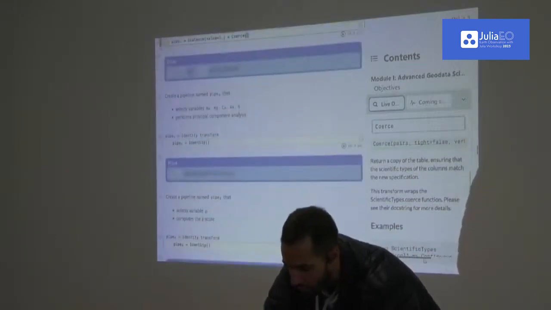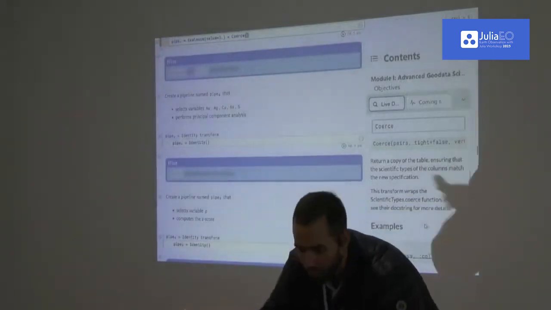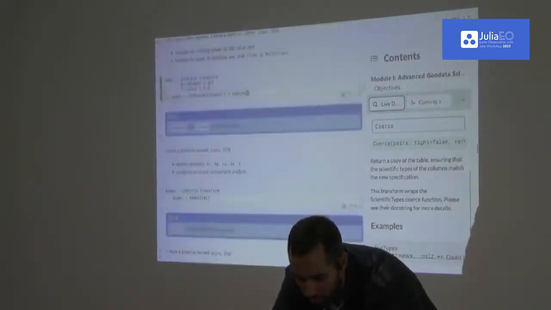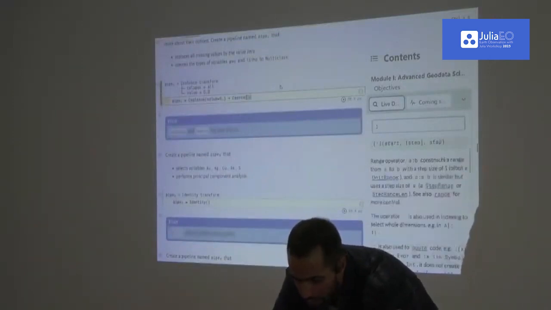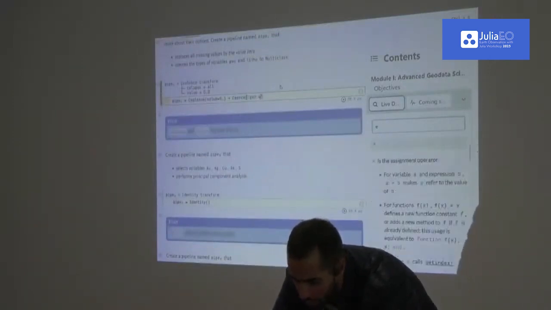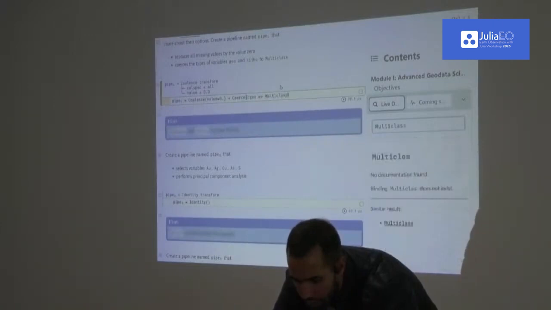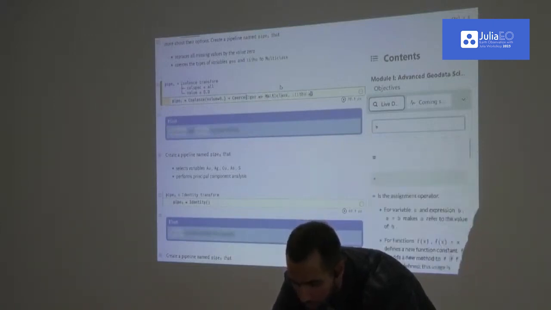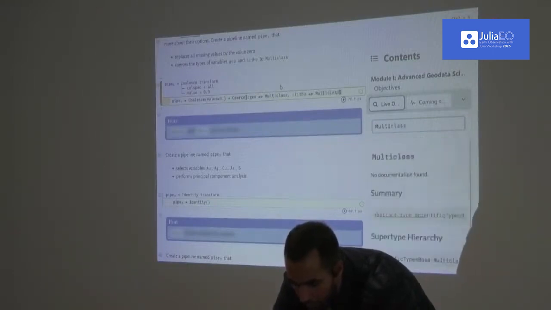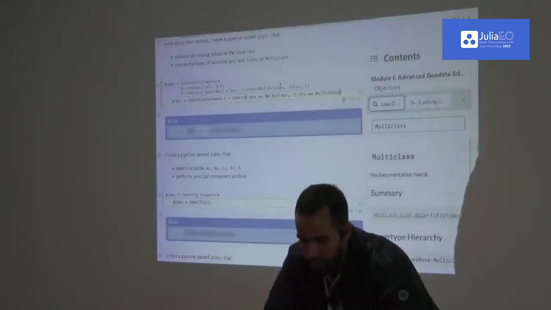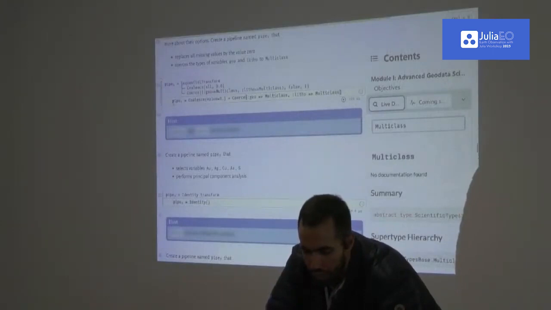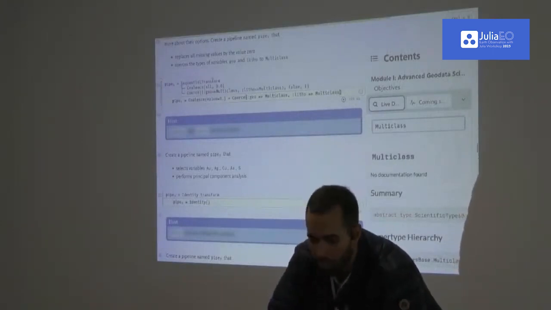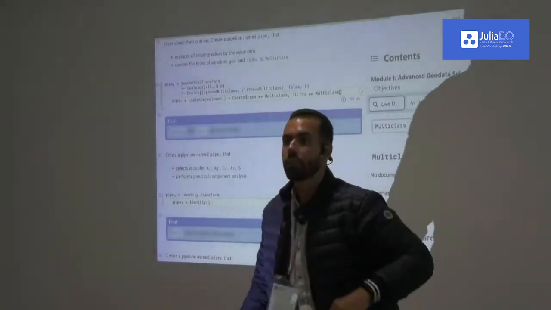So coerce the column 1 to be continuous, and the column 2 to be a count variable, and the column 3 to be something else, right? So what I'll do here is coerce the geo column to be multi-class, and the litho column to be multi-class, right? That's what the exercise was asking. And so if you create this pipe 1, it will be a sequential transform with coalesce and then coerce, right?